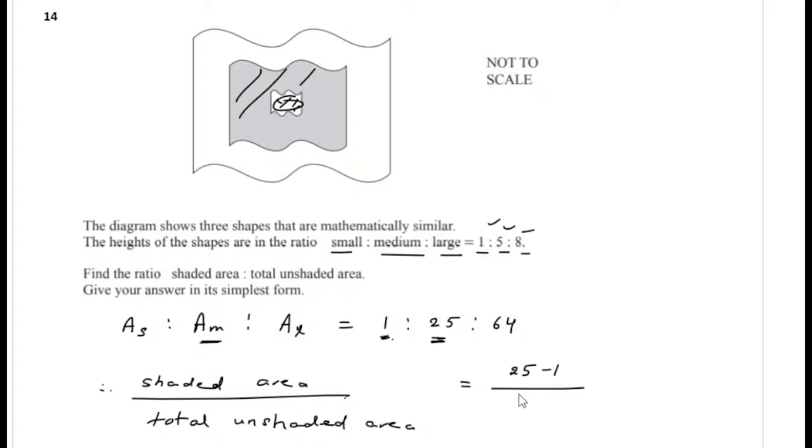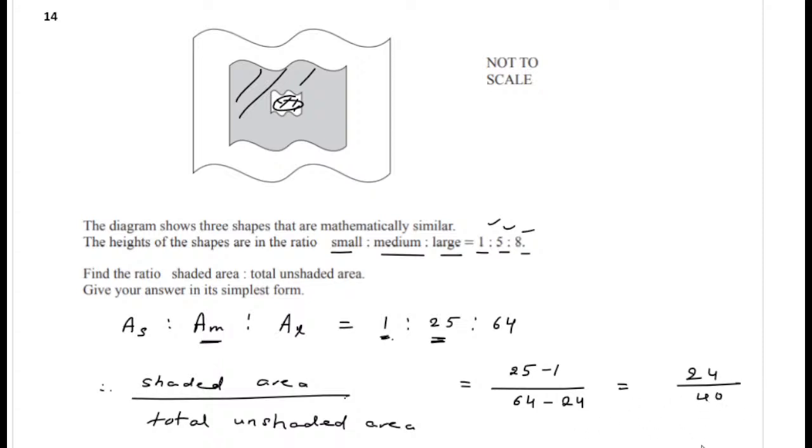So total unshaded area, if you see, from this 64, which is this total area, we simply subtract this shaded part. Now the shaded part is what? It is 24. So this is 24 divided by 64 minus 24 is 40.